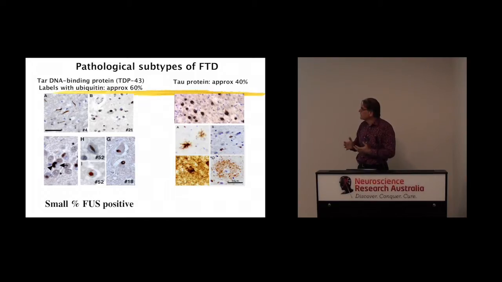And it's interesting that tau is a microtubular binding protein, so it's to do with cell axonal transportation, whereas the TDP is a DNA RNA carrier protein. So they have very different roles in the cells, yet manifest in a different way. And then there's a small proportion of cases with yet another protein known as FUS.